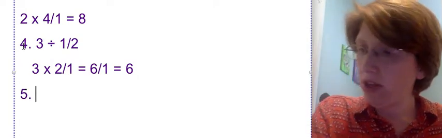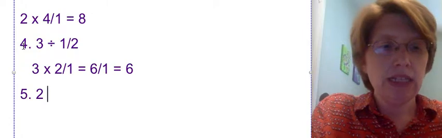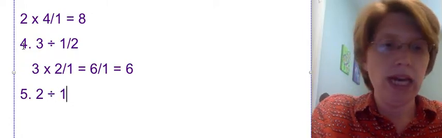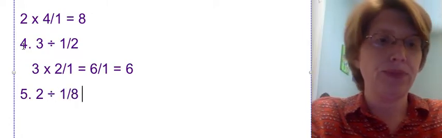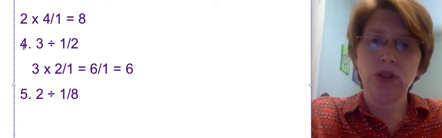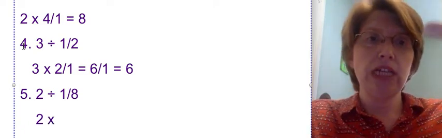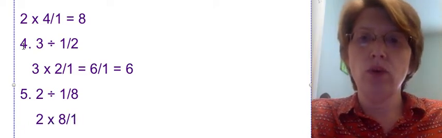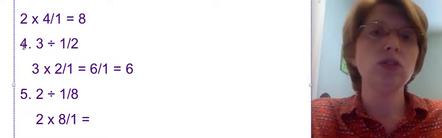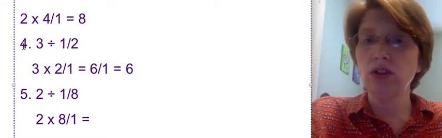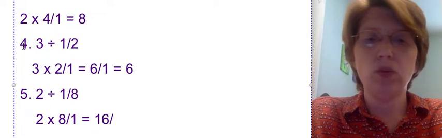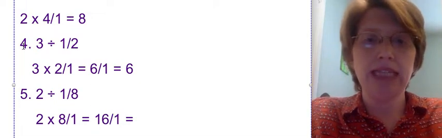Let's try 5. 2 divided by 1/8. Rewrite it. 2 times flip, 8 over 1 equals, multiply straight across, 16 over 1, which is the same as 16.